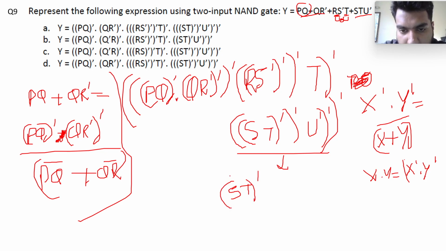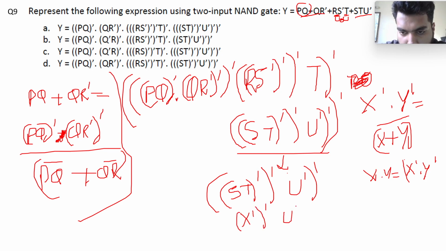ST complement, whole complement, then you have U complement, its complement. So put this ST equal to X, so this is X complement, then whole complement, then U complement, and then whole complement.